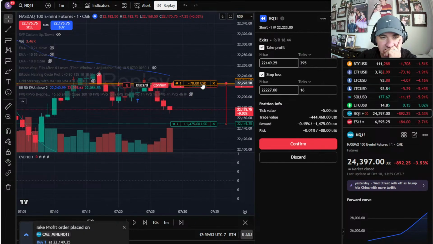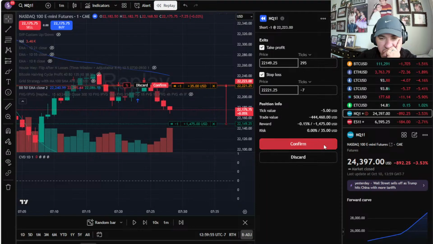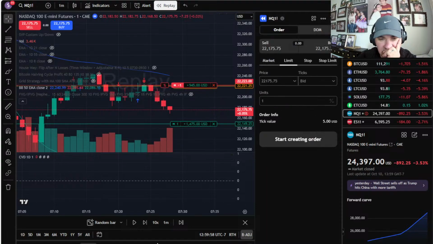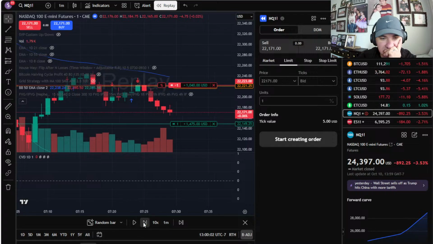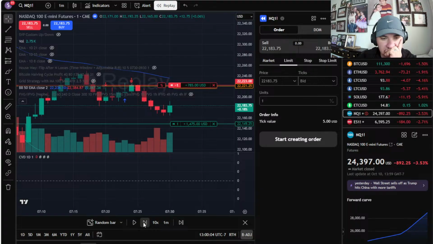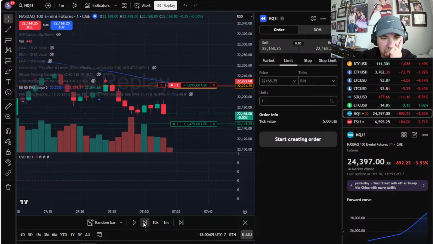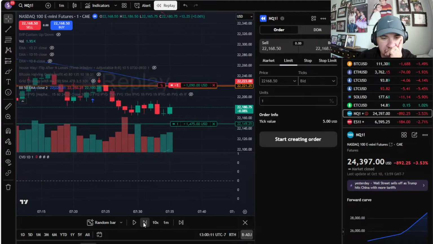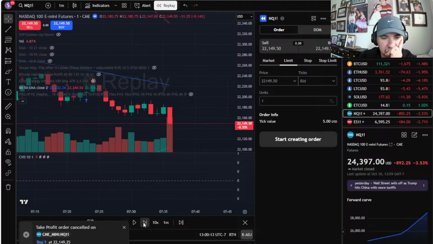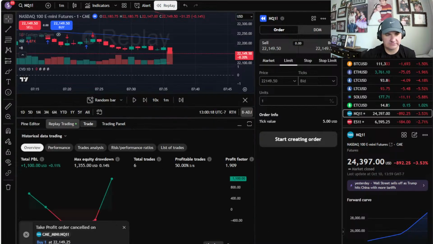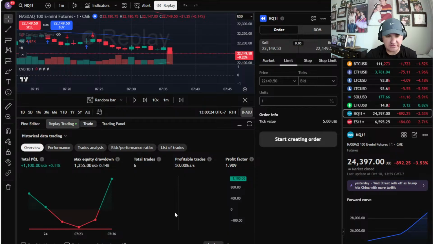When the trade runs in your favor this much, I usually just move the stop loss to break even plus a tick or two. There's that. So you can see, like, fair value gaps aren't predictive in nature.